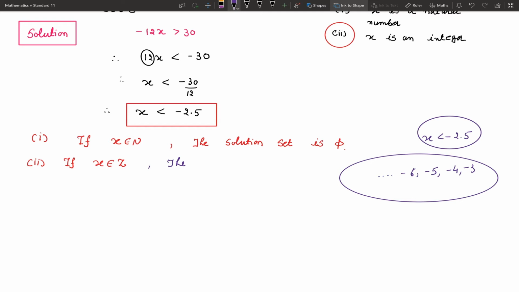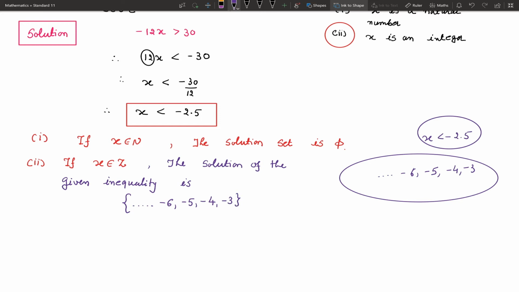But when we write it in set form, the solution of the given inequality is: there are infinite integers, so we cannot denote all, so we write -6, -5, -4 and -3.